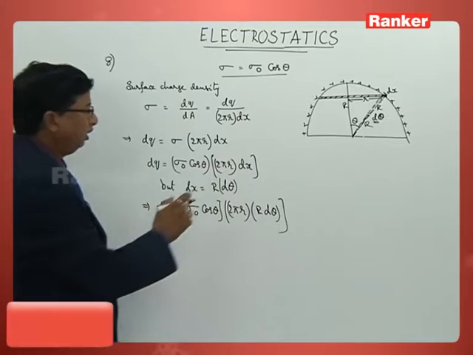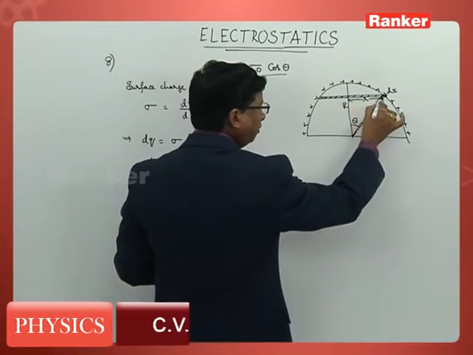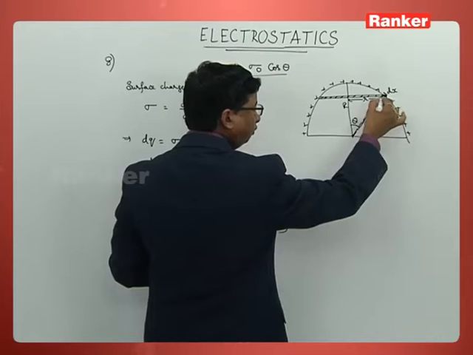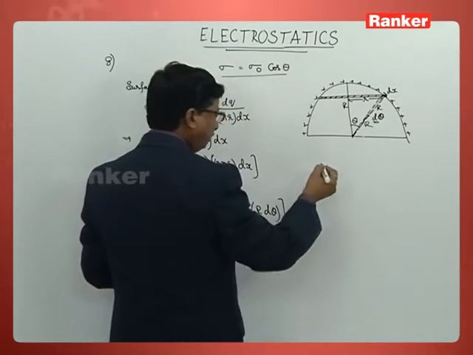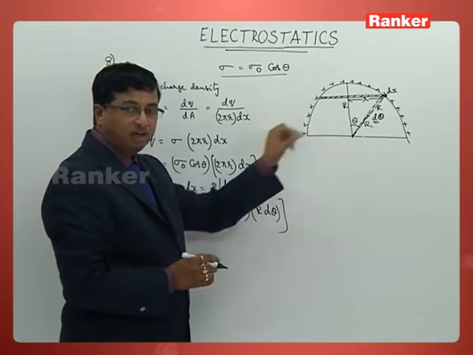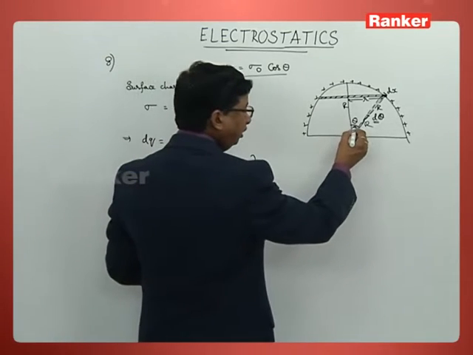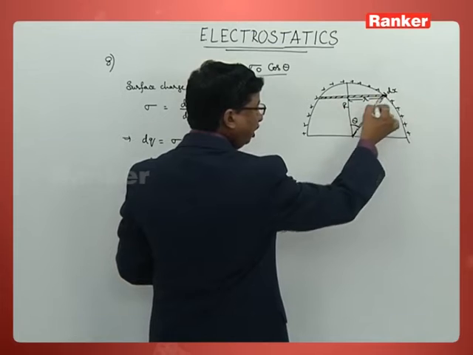Observe carefully, from this particular triangle, this is the opposite side, this is the hypotenuse, and this one is the adjacent side. What will be the value of sin theta out of that? Look carefully, sin theta here is opposite by hypotenuse.